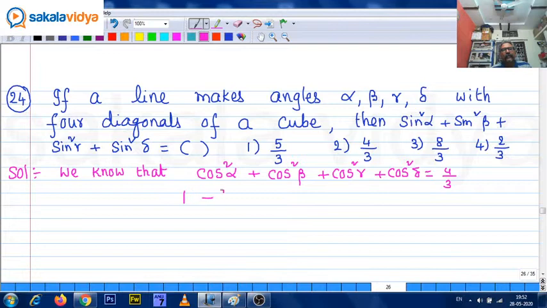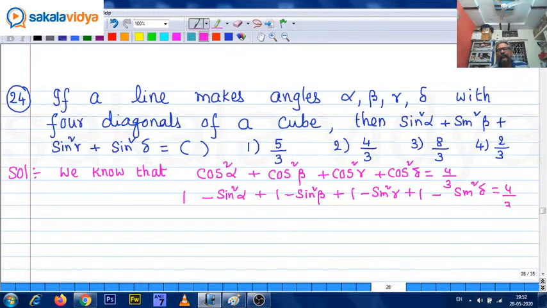This we can write 1 minus sin square alpha plus 1 minus sin square beta plus 1 minus sin square gamma plus 1 minus sin square delta equals to 4 by 3. So we need to simplify now.